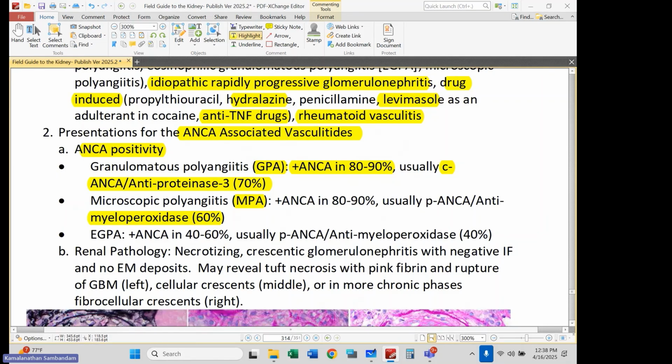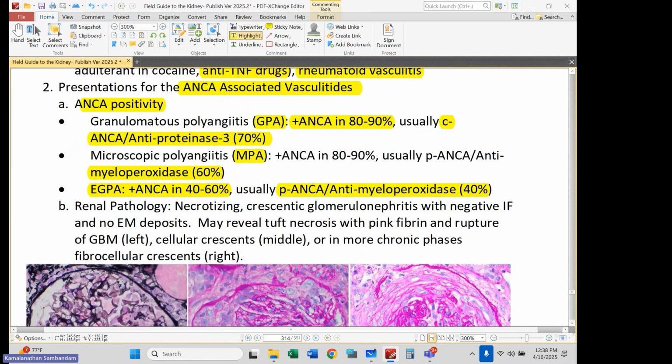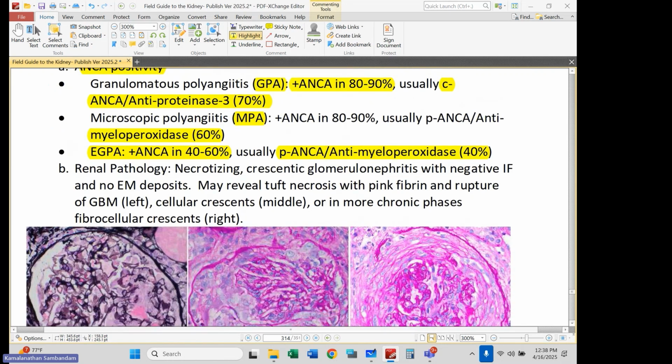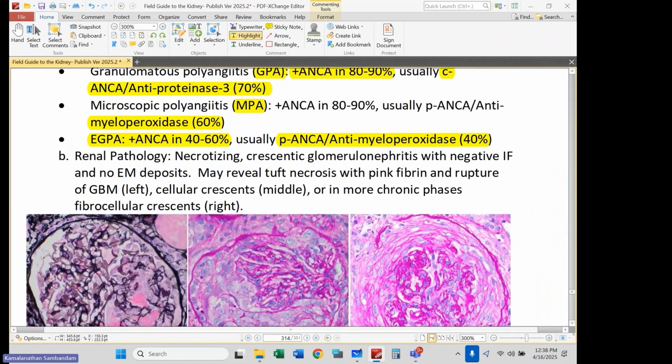So the clinical presentation or pathologic involvement will trump the autoantibodies that you detect in the periphery. Okay, eGPA is less consistently positive for ANCAs, but when it is positive, it's more commonly associated with anti-myeloperoxidase antibodies.